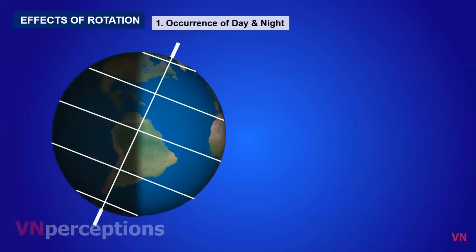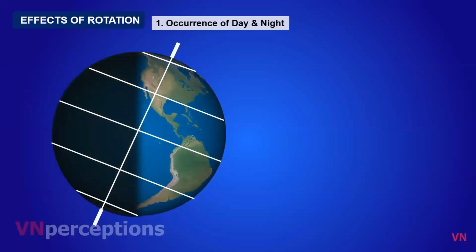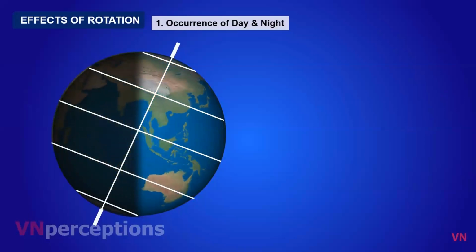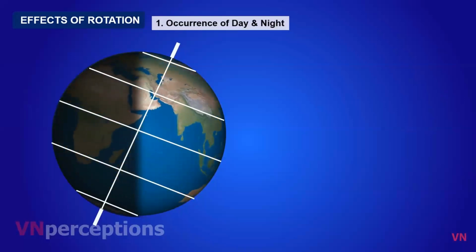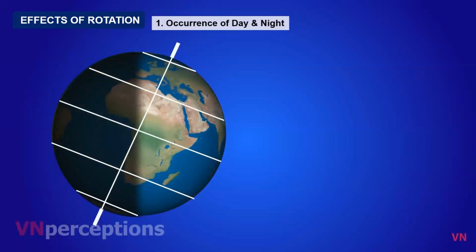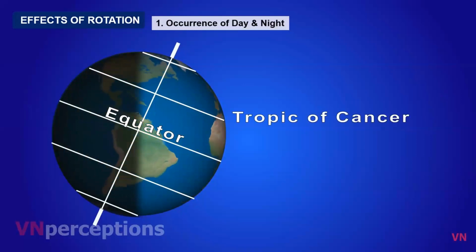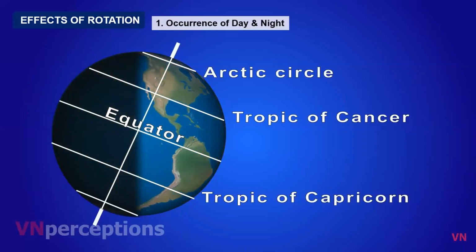The duration of the day and night is not equal at all places on the Earth. This is because of the inclined axis of the Earth. If you look at the important latitudes on the Earth, they are the equator, Tropic of Cancer, Tropic of Capricorn, Arctic Circle, and the Antarctic Circle.